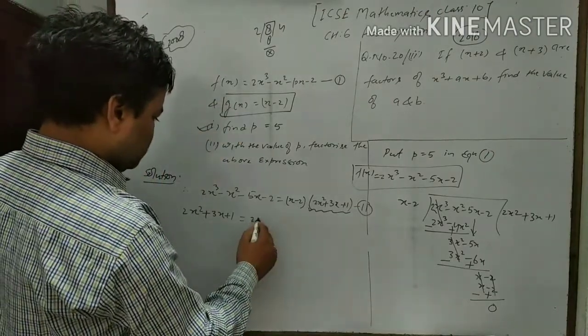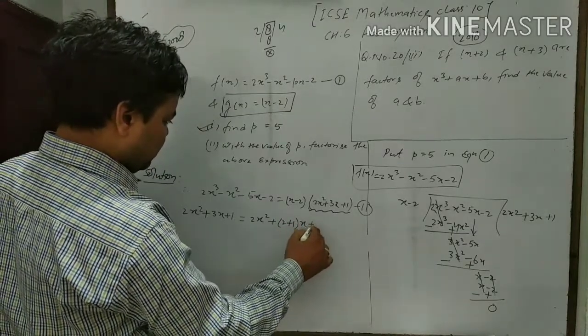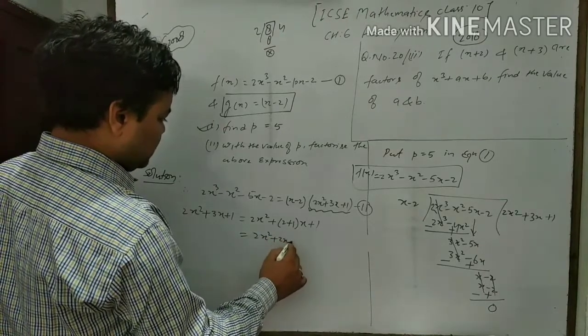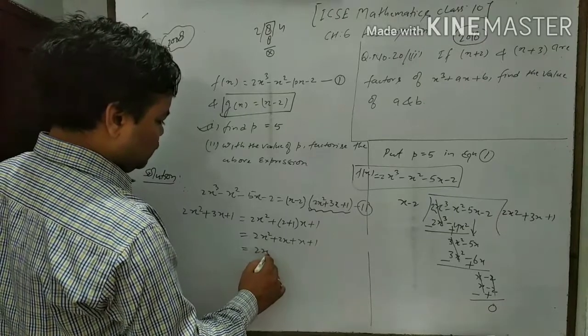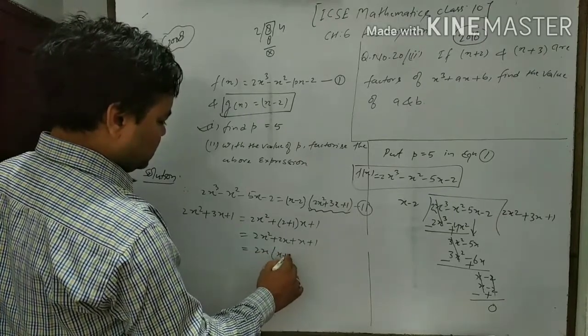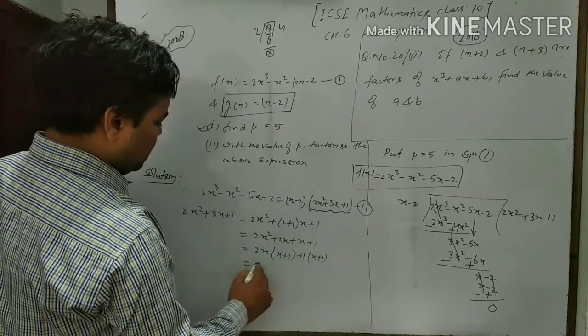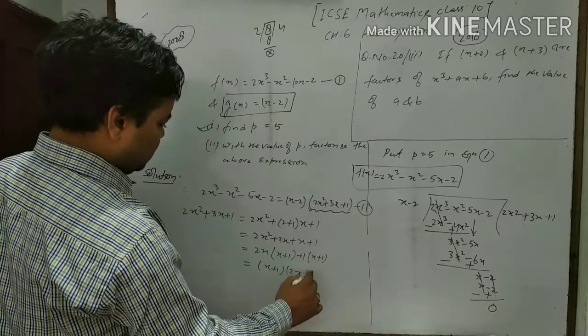So here 2x square plus 2x plus x plus 1. What is common here? That is 2x, so it will be x plus 1. Here plus 1 is common, again x plus 1. Now (x plus 1) and (2x plus 1).